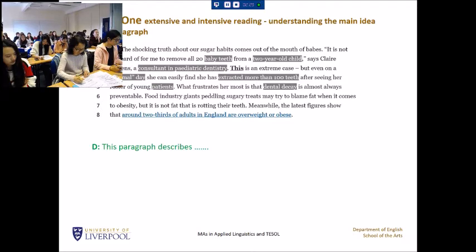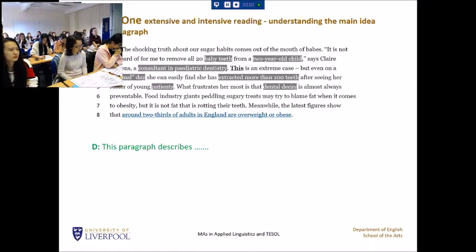Because if the paraphrase contains too many of the words that are in the original paragraph, then it will be easy for the candidate to match and just do mechanical matching. So we have to take away the words. The words that we need to include as far as the meaning is concerned are those in grey for this one. We need to include those meanings, the grey meanings, but we need to try to avoid using the words themselves.